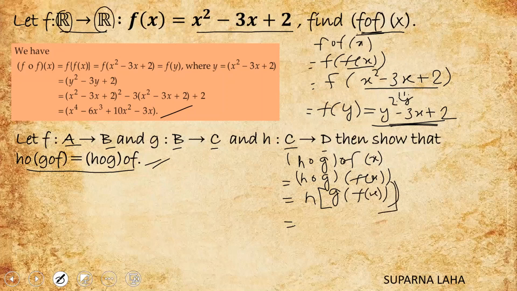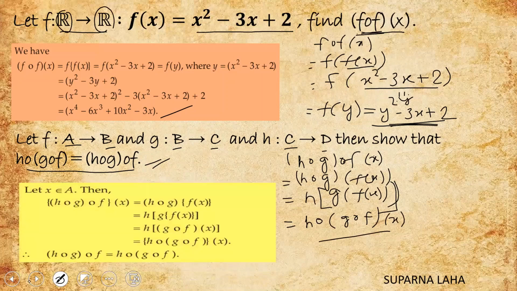Now from here I can write h of g of f of x. So these two functions are the same. That means if these three functions are given, then they follow the associative property. This property is known as the associative property. So here is your solution. You can check.